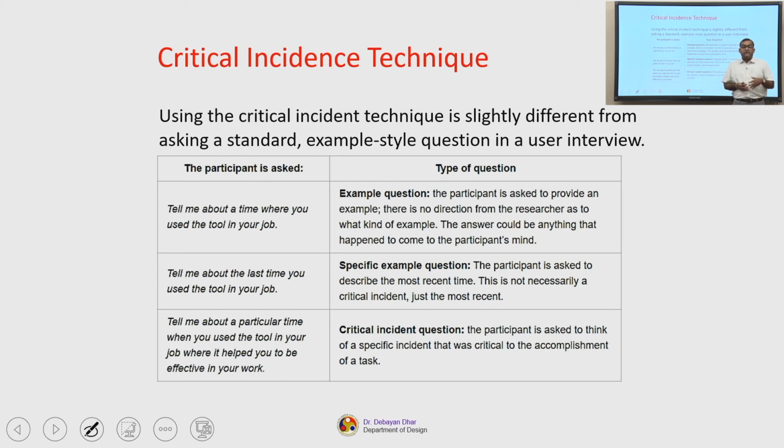Here also the participant is asked to think of a specific incident that was critical to the accomplishment of a task. So, here you can see we are asking about incidences that either had a peak or a trough. We are focusing on the remembering self.